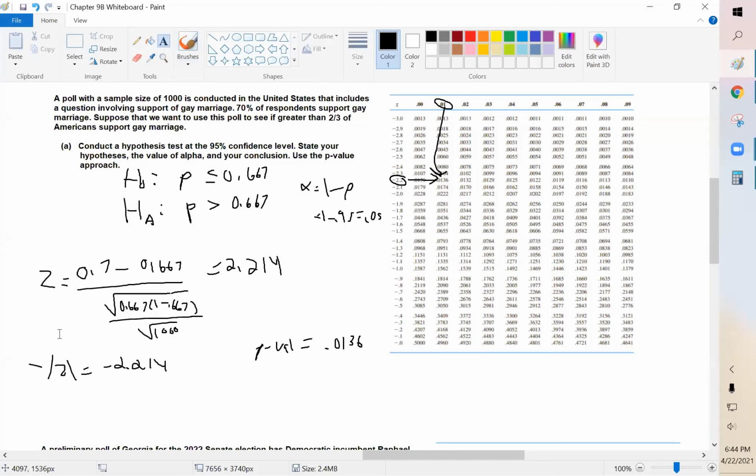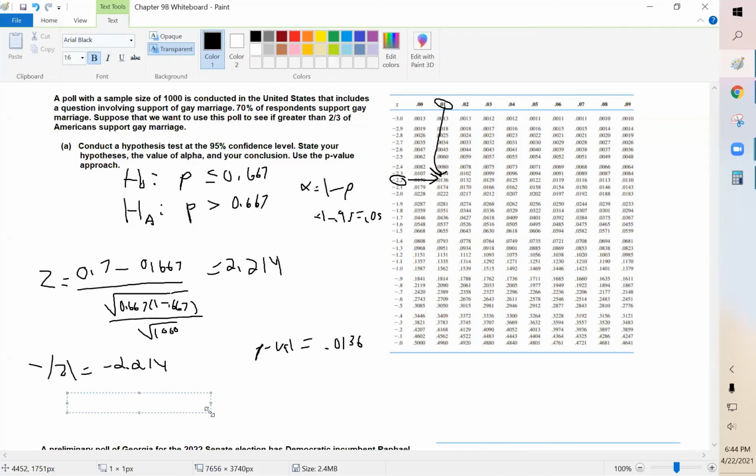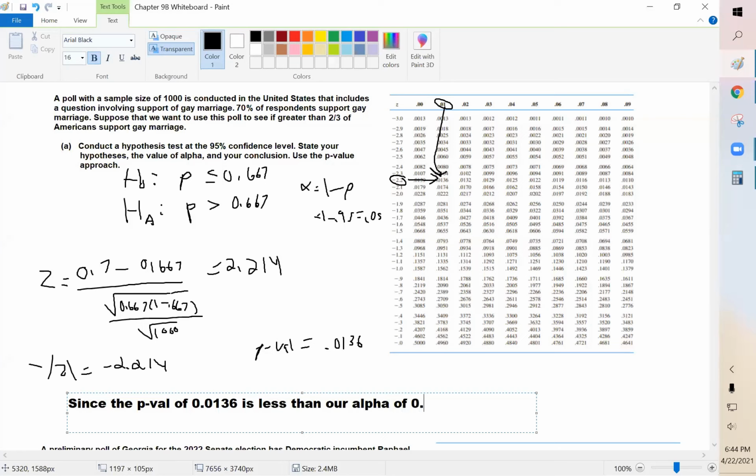Finally, we compare this to alpha. Since the p-value of 0.0136 is less than our alpha of 0.05, we reject the null hypothesis that less than or equal to 2/3 of Americans support gay marriage.